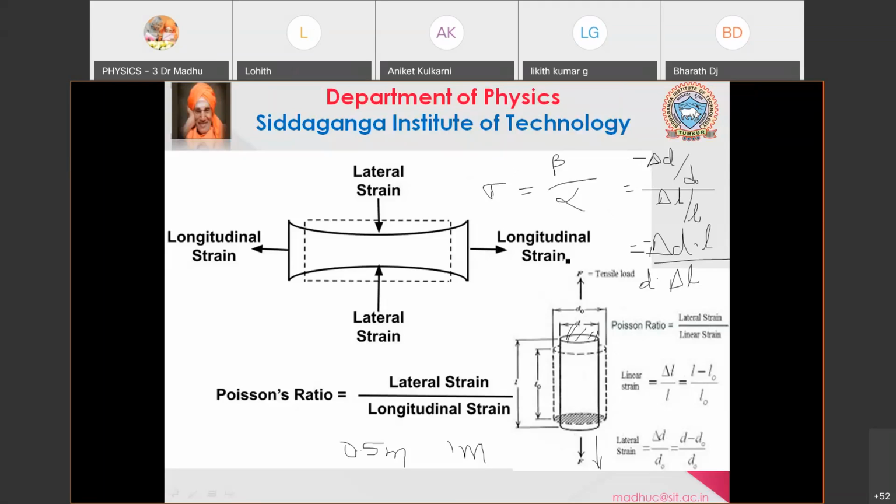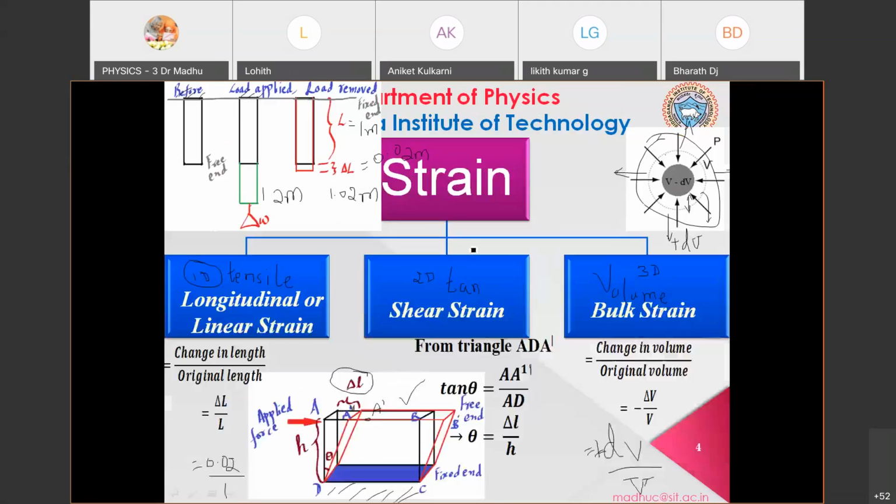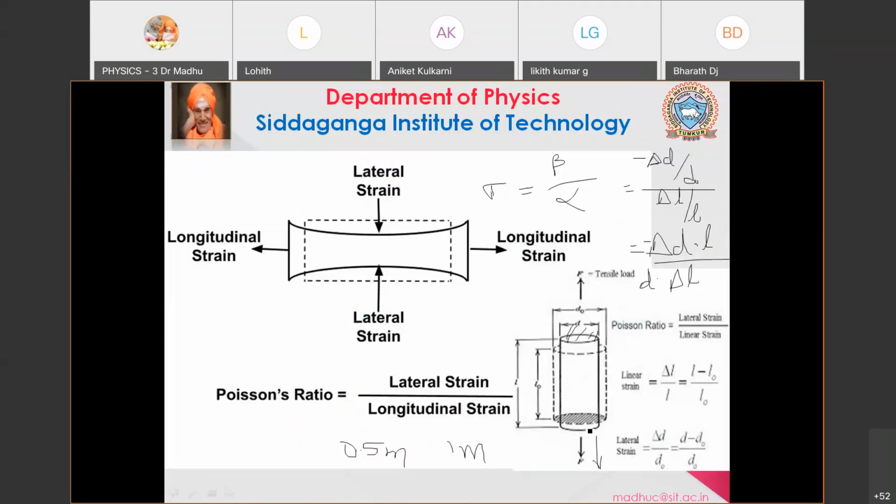As I told, you can also have something called an incremental change. For that, instead of applying the load along the length, I can apply the load along its diameter. I will try to stretch it in this way.